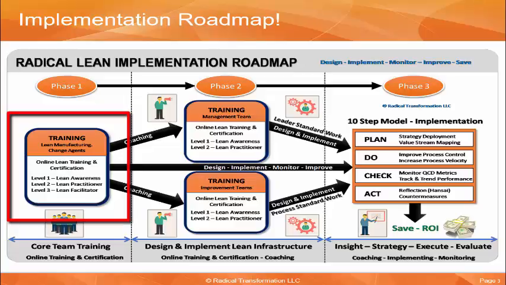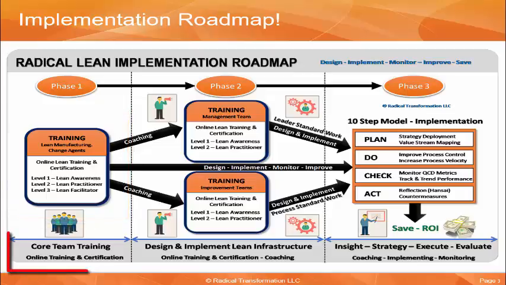And this is where we take the lean manufacturing change agents. This is the people that have been chosen within an organization to become change agents, the people that are really going to blaze through and implement the lean system because they've been seen to be the right type of people, personalities, or whatever it is that you need to be able to have those people become the true change agents for the organization.